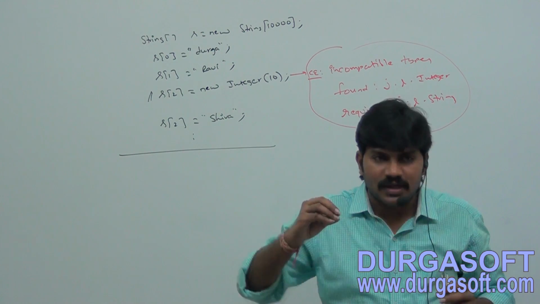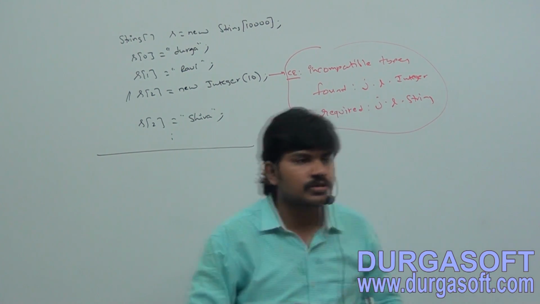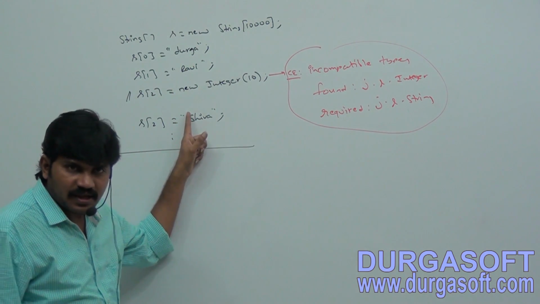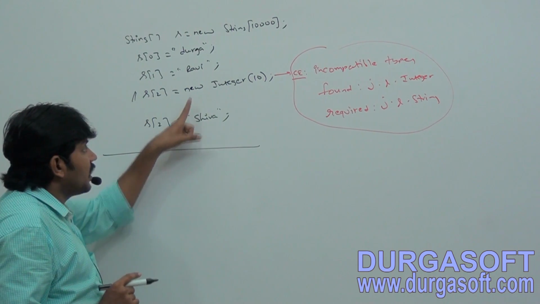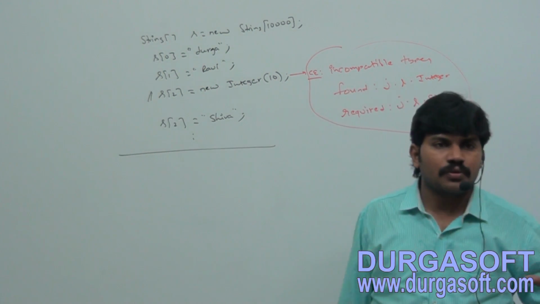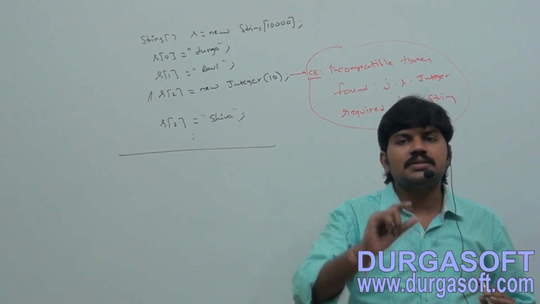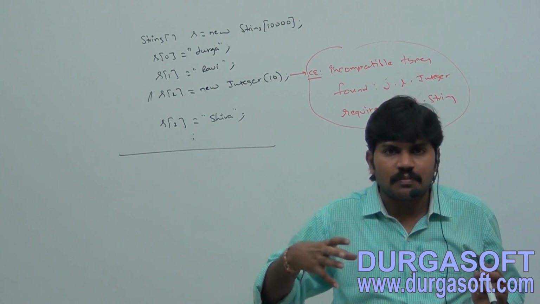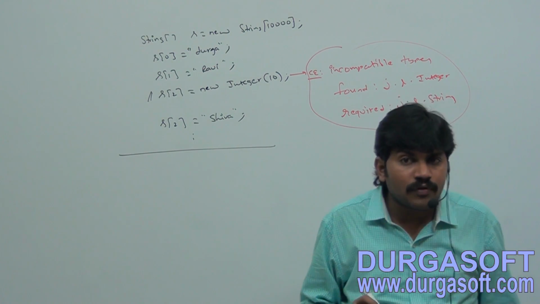With respect to type, arrays are recommended because there is a guarantee for the type of elements present inside the array. By mistake, if you use any other type, immediately we get a compile time error. Are you able to understand what type safety is?